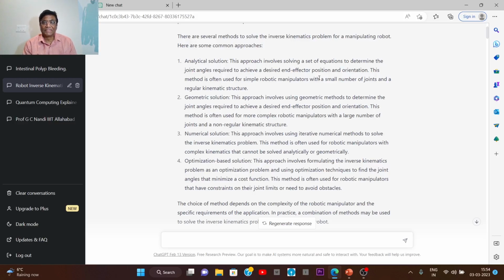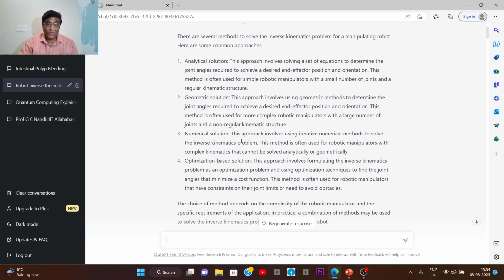Whereas geometric solution, it is writing, its approach involves using geometric methods to determine joint angles required to achieve a desired end effector position and orientation. This method is often used for more complex, you see, it knows now what is more complex, what is simple, or maybe it is retrieving facts. Okay, but it is doing it beautifully, with a large number of joints and non-regular kinematic structure.